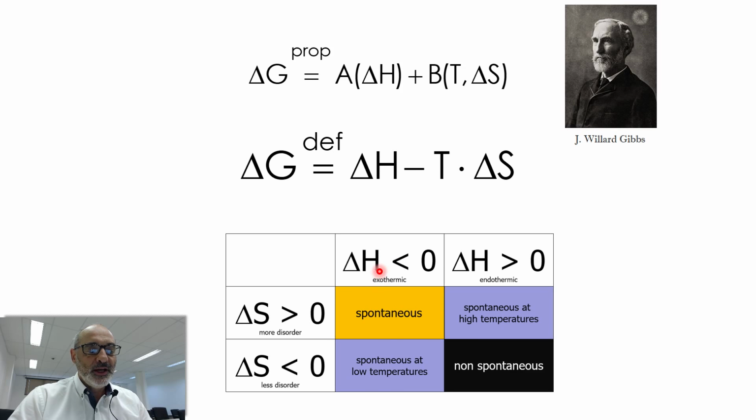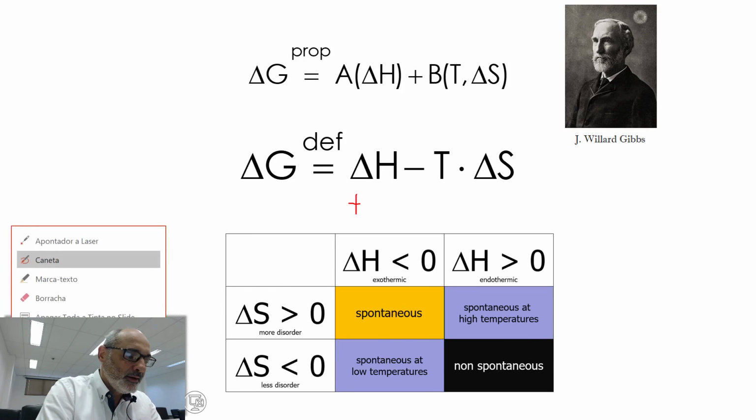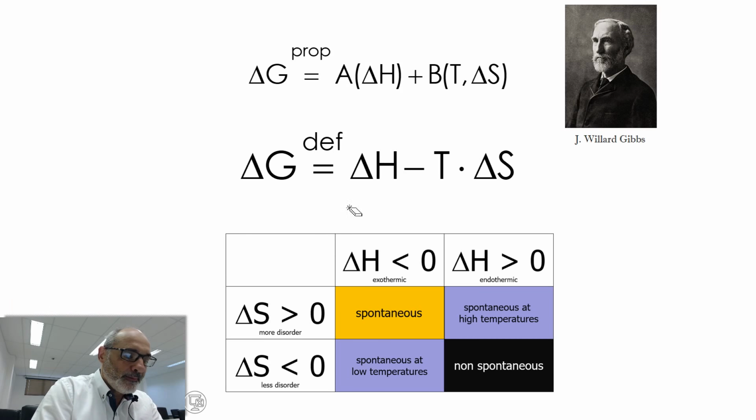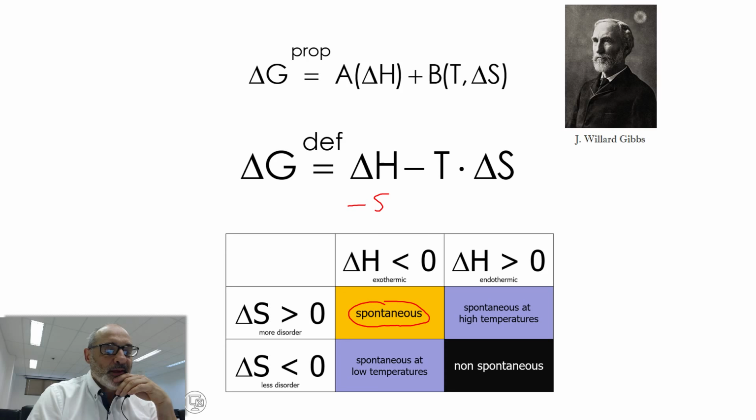Delta H negative and delta S positive. Let me put some numbers here. Delta H is negative, so minus 5. Delta S is positive, multiplied by the temperature.